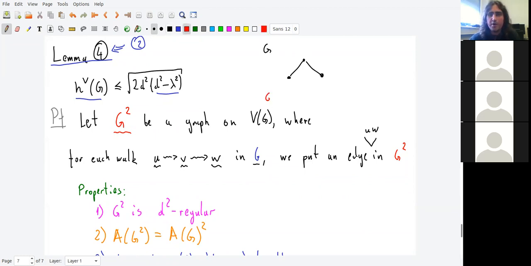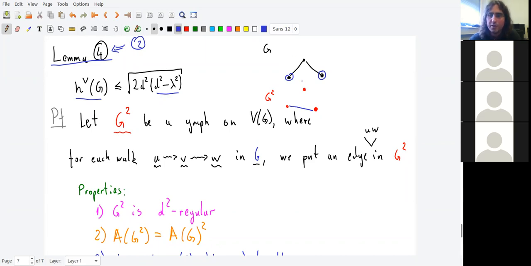Well, we will have those 3 vertices. The vertex set is the same. And now we are putting one edge for every walk of length 2. So what are walks of length 2 here? Definitely you have a walk from here to here, so here is an edge.